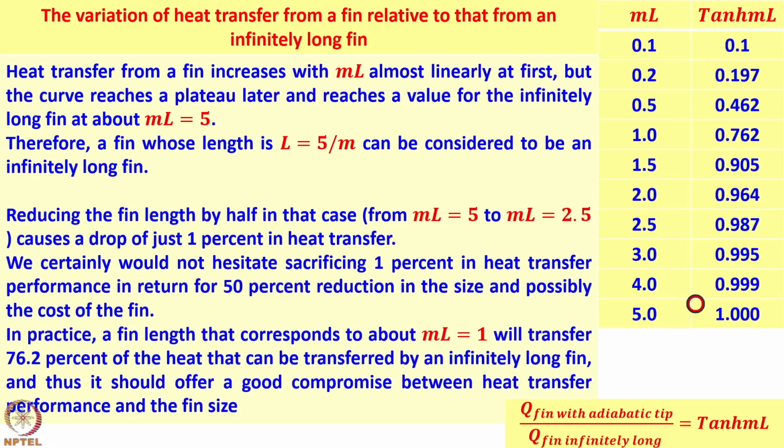Remember, you are making the fins with copper or aluminum. Copper is like gold today, it's very expensive. Aluminum is also no cheaper. So you need to cut costs but not compromise the heat transfer rate. That can be achieved. Somewhere around mL of 2.65 or 2.5 would suffice, and a fin with adiabatic tip would behave as if it is an infinitely long fin.